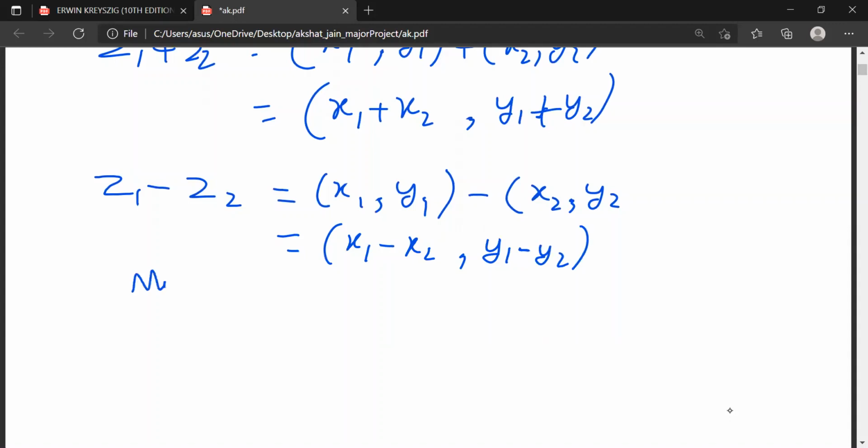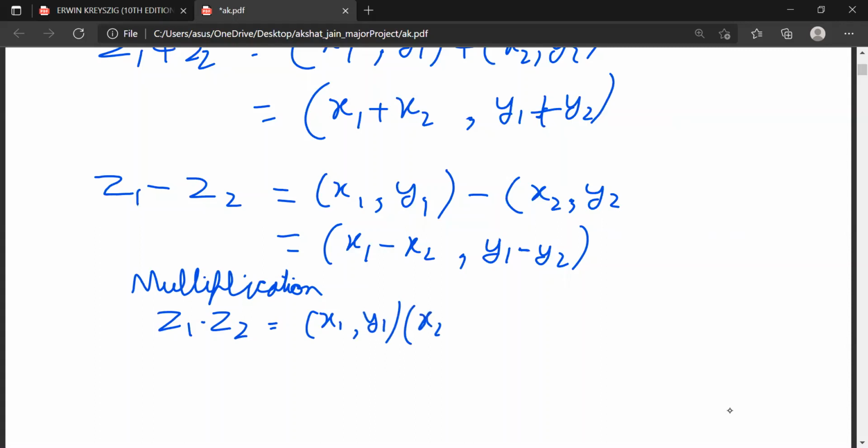And in multiplication, we can write z1 dot z2 is equal to x1 comma y1 into x2 comma y2, which can be written as x1 x2 minus y1 y2 comma x1 y2 plus x2 y1.